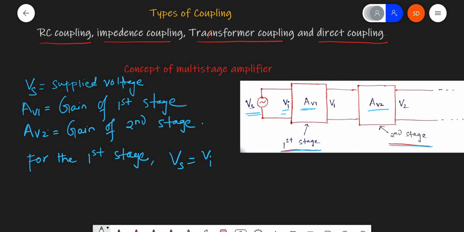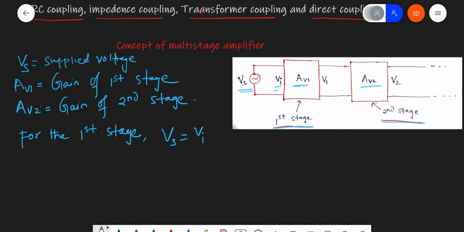Similarly, we can have more stages; we have only shown two sets of amplifiers for cascading.